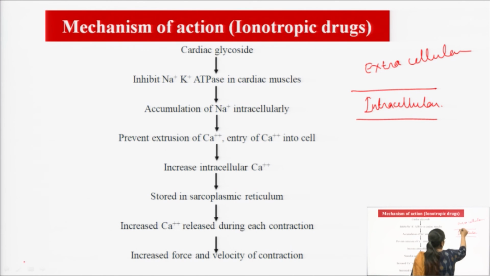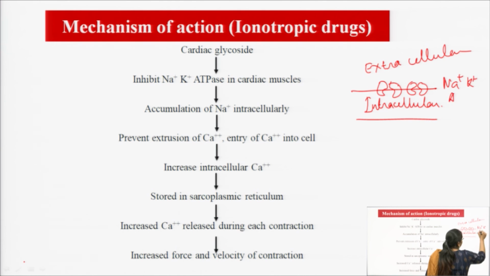Okay. So, there are certain channels for exchange of sodium and calcium ions from extracellular to intracellular, and intracellular to extracellular. What happens with inotropic drugs is that these channels, that is Na-K ATPase, are inhibited. Suppose this is a vessel in cardiac muscles.